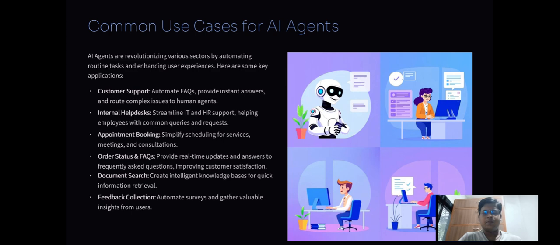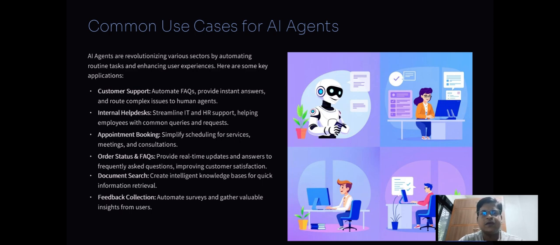Here are some common use cases for AI agents. As you can observe, AI agents can be used in customer support, internal help desks, appointment booking, order status and FAQs, document search and feedback collection, and other use cases such as code related to projects and interview preparation as well.